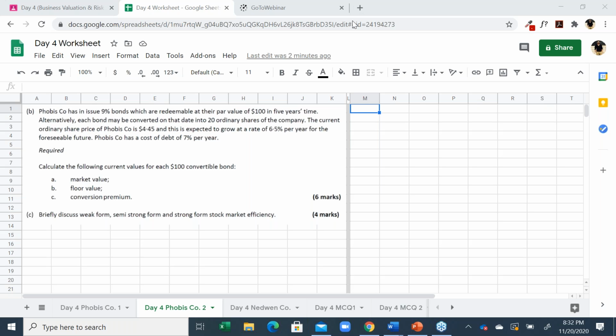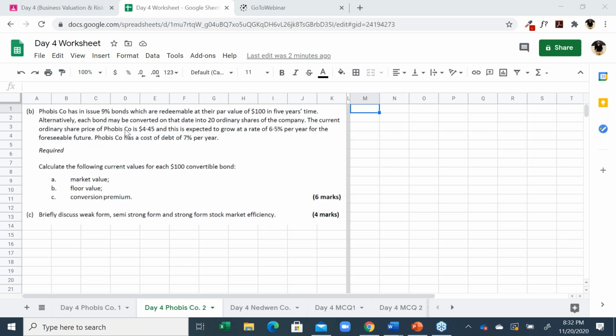Okay, that's great. So let's start straight away from the question. Forbes company has in issue 9% bonds which are redeemable at their par value of $100 in 5 years time. Alternatively, each bond may be converted on that date into 20 ordinary shares of the company.